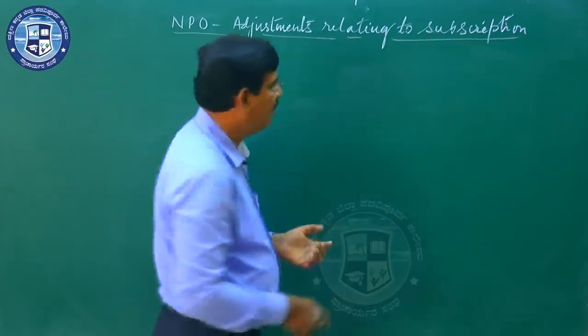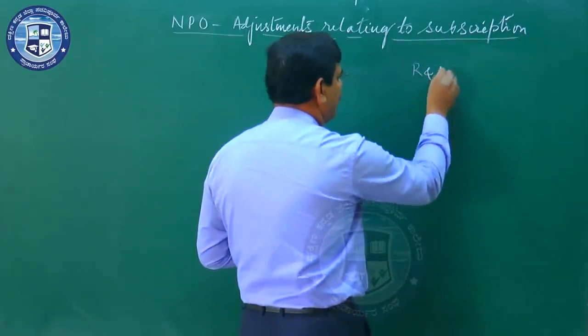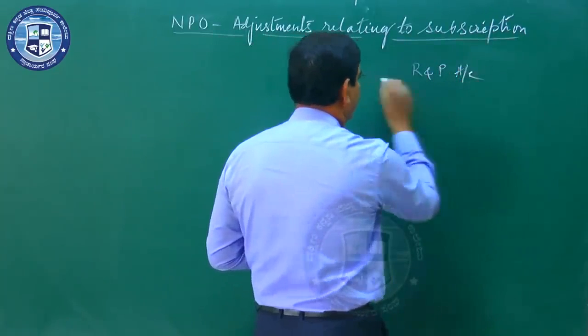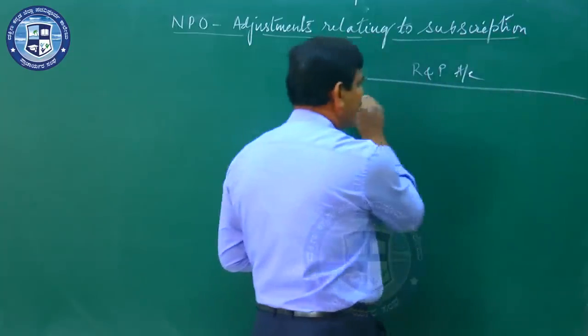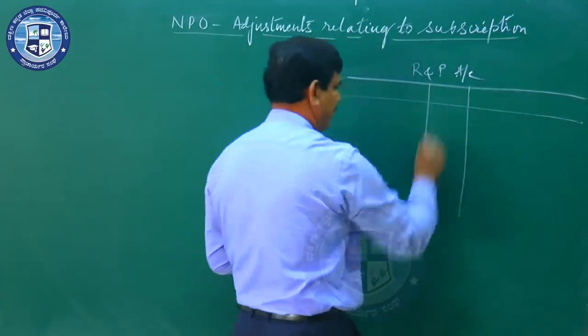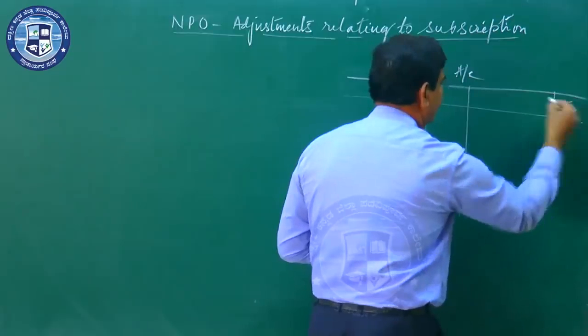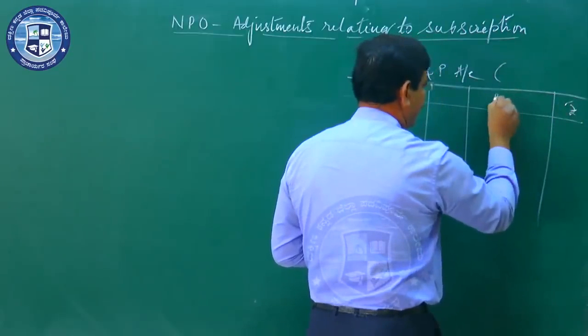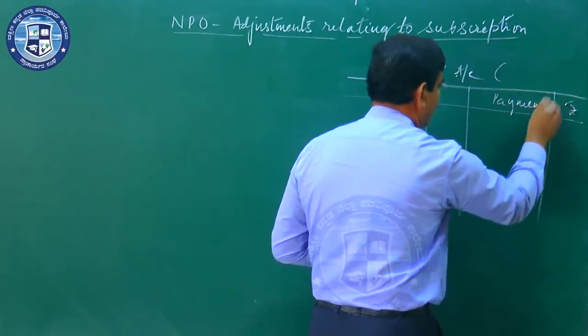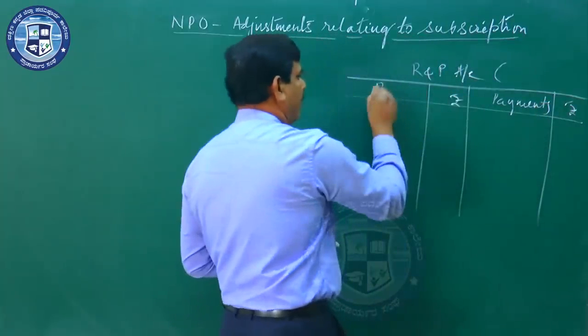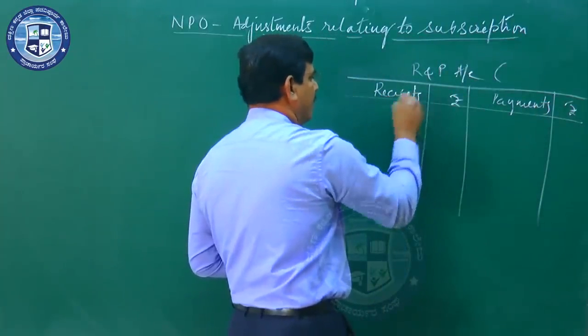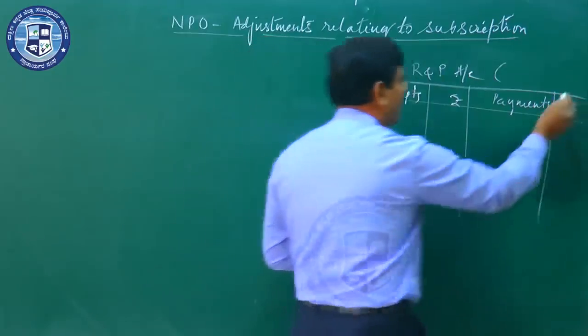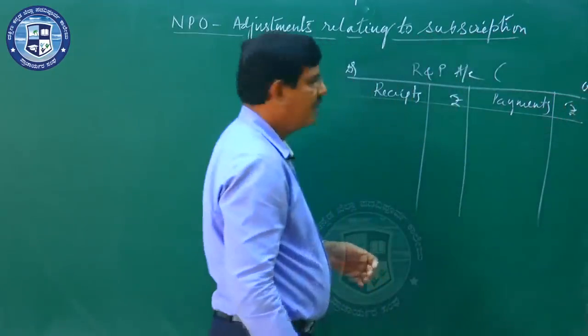Now let's see an example where I'll prepare the receipts and payments account of a new firm, where we are writing the receipts on the left hand side and the payments on the credit side.